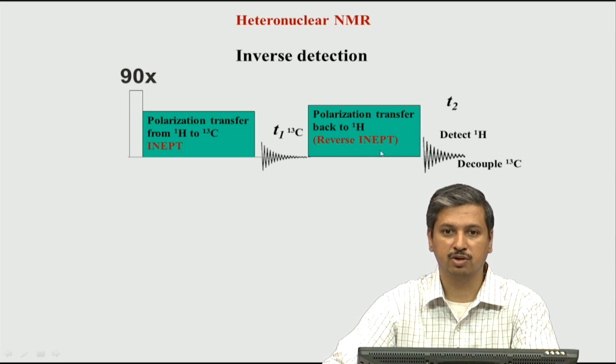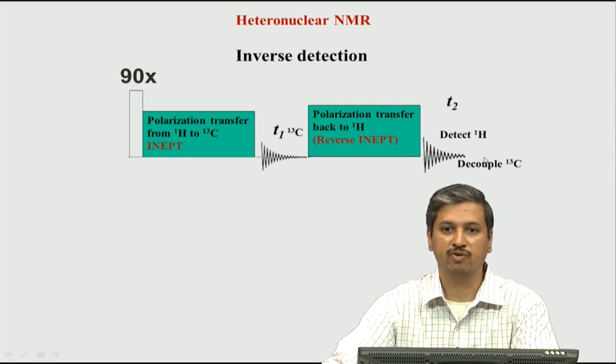It is also the INEPT concept, but reversed, and then proton has got back its polarization and will now evolve with its chemical shift value. So, you can see here we are starting from proton and ending with proton. It is a proton to proton excitation and detection, but in between we have got carbon. We will see mathematically how these two get connected.